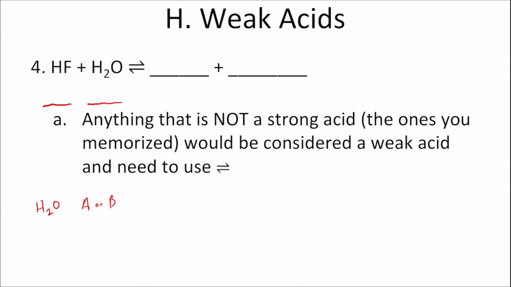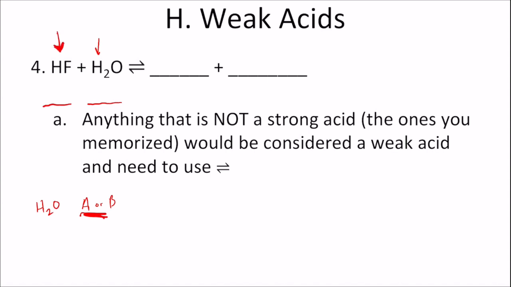So let's look at the other thing. It's HF, all right? What do you know about things that start with an H? Yes, exactly. If it starts with an H, it's probably an acid. Now, I know what you're thinking. Well, water starts with an H. Yeah, I know, but water's special, all right? So don't worry about water, all right? Think about this one over here, and it starts with an H.